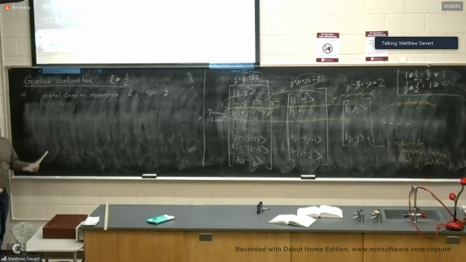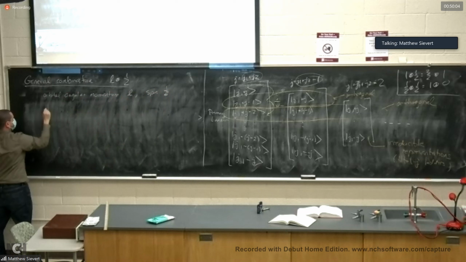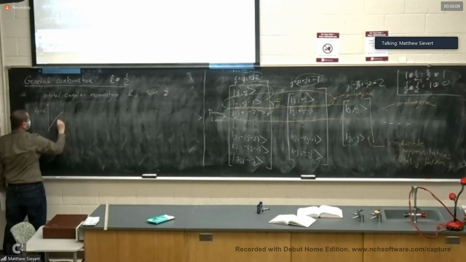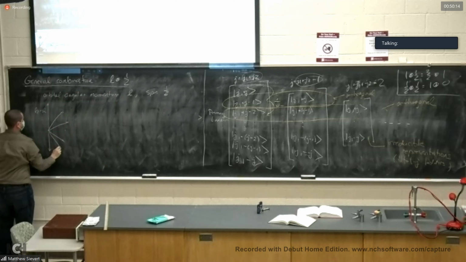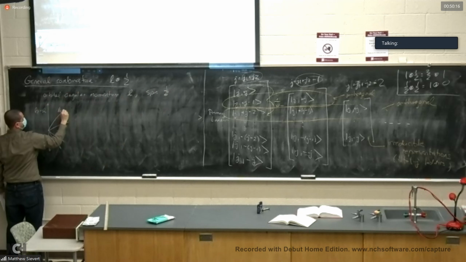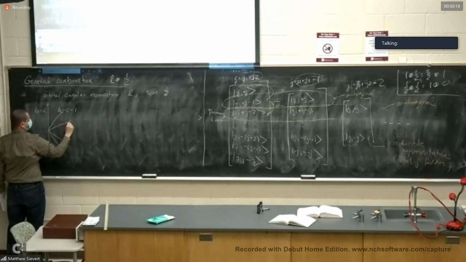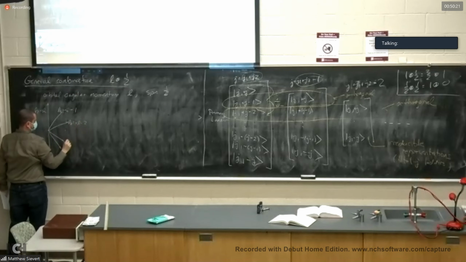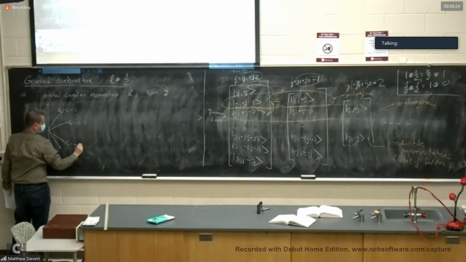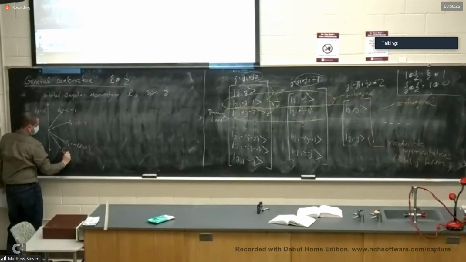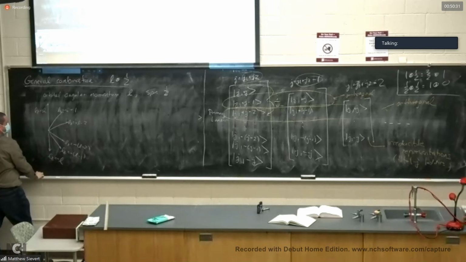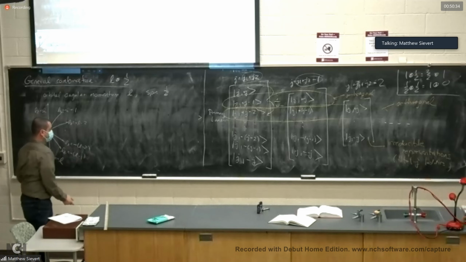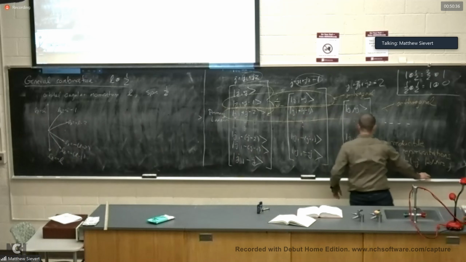So I have some general ladder of orbital angular momenta. I have LZ equals plus L, minus 1, minus 2. And then on top of this angular momentum ladder, I have spin 1/2.